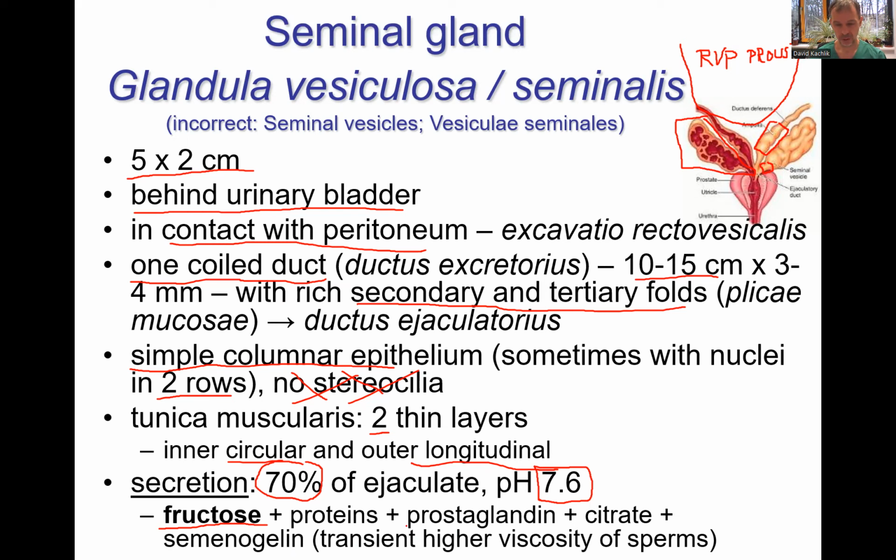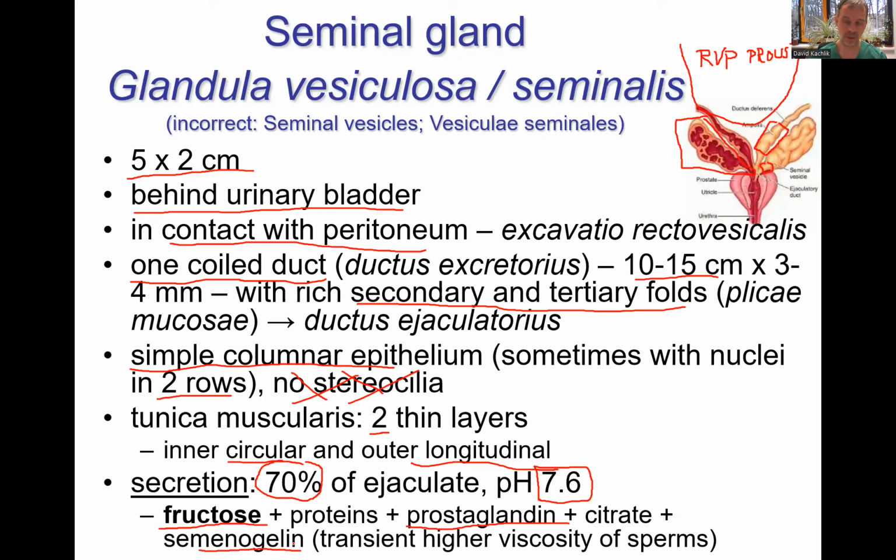It also contains prostaglandins, which elevate the contraction of smooth muscles inside the female genital organs, so mainly in uterus and uterine tubes. And it also produces semenogelin, and semenogelin temporarily elevates the viscosity of the seminal fluids of sperms, so they do not move so well.